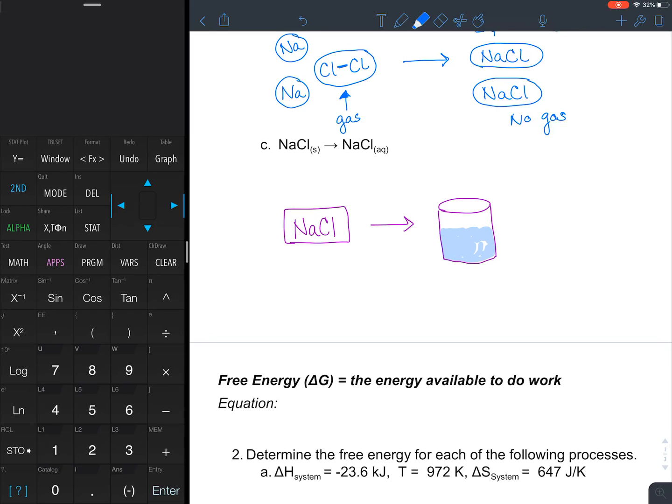We're going to have those sodium and chloride ions split apart from one another. And so we're going to end up with an Na plus and a Cl minus. And so we went from 1 particle to 2 particles that are further apart from one another. And so this is going to increase entropy.